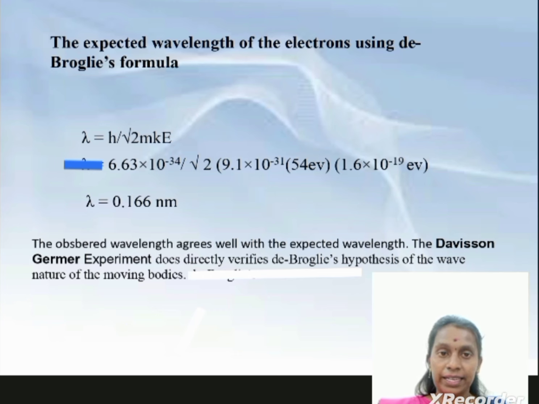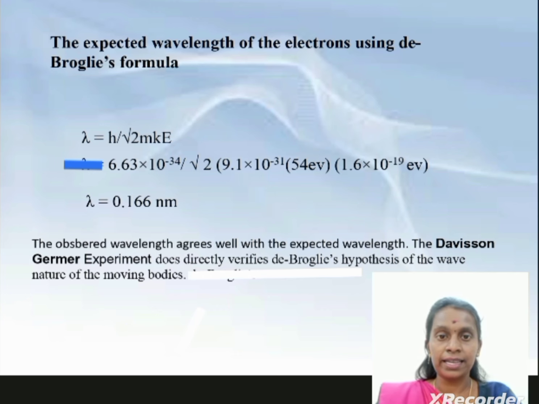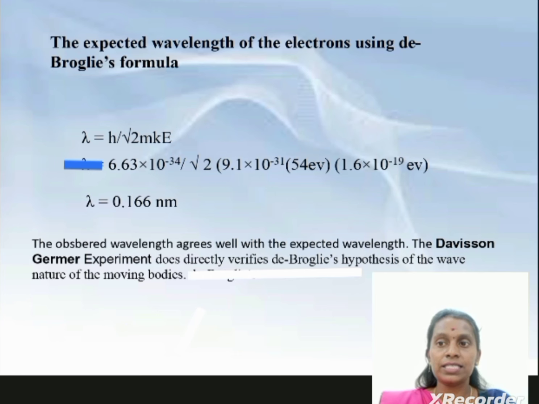K is the kinetic energy, 54 electron volts. And e is the charge of the electron, that is 1.6 into 10 to the power minus 19. By substituting the values in the formula, we got the wavelength of the diffracted electron as 0.166 nanometer.